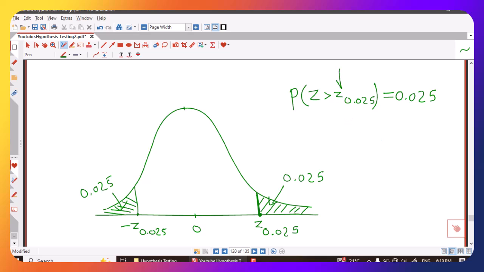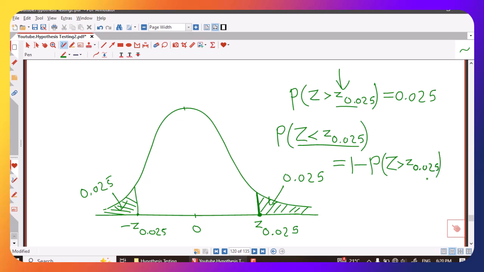So we are interested in the value of Z for which the area to the right of this value of Z is 0.025. But to use the cumulative standard normal table, we require the probability that Z is smaller than Z 0.025, and we know that this is equal to 1 minus the complement of this event, which is Z greater than Z 0.025.